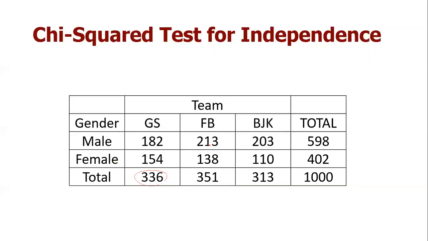What I'm interested in is whether the proportion of males and females differs in each team. For example, is the proportion of females higher in Galatasaray when compared to Beşiktaş?